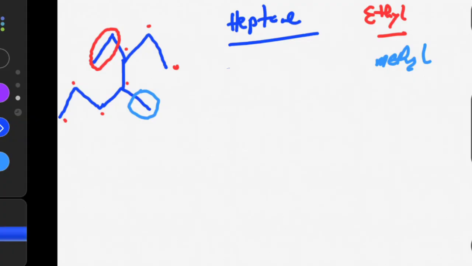Just like we've said in the previous one, you have to name alphabetically. Letter E comes before letter M, so we're going to start with the ethyl. And we have to note the positions. Let's give the substituents the lowest numbers possible.